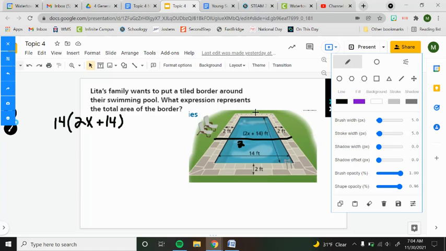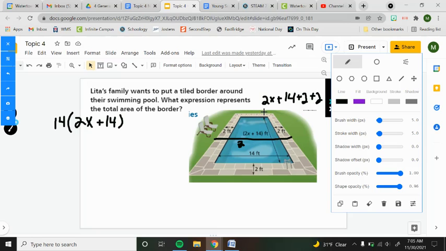So we've got 2x plus 14 plus 2 plus 2, so that doesn't change. So the whole thing would be 2x, I'm going to write it up here, plus 14 plus 2 plus 2.